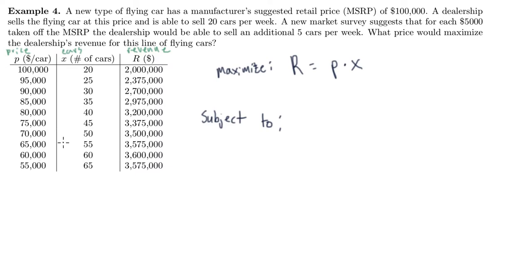Okay? So we can actually just take two of these data points. Let's just do 100,000 and 95,000 and do a simple point slope calculation. So we know that the slope is going to be 100,000 minus 95,000, so change in price.